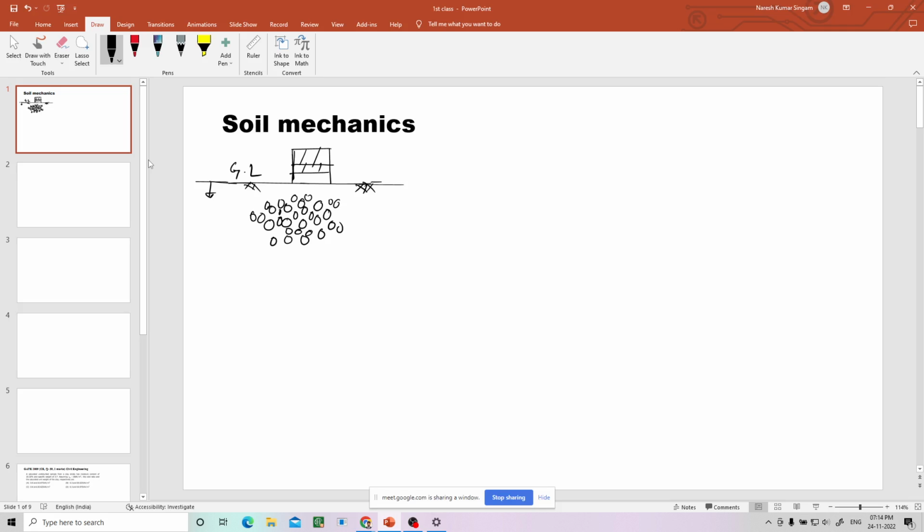Now I'll just take some part. These are solid soil particles. These are solids, you can say. Then wherever there is a gap, take cricket balls.